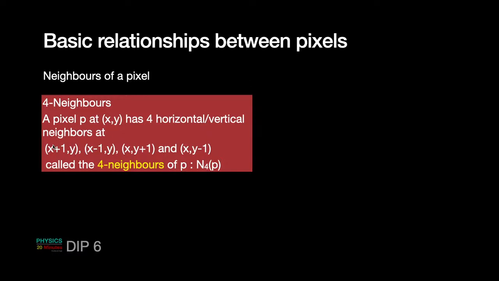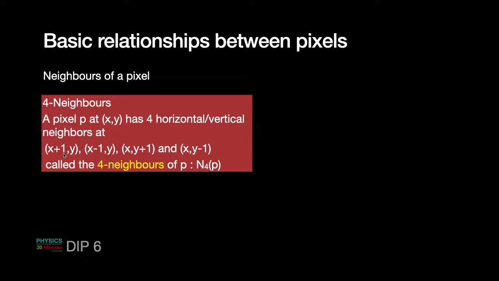These sets can be utilized to figure out many important properties of an image, including the boundaries of the image. For example, how would you define the right boundary? If a pixel does not have this pixel as a neighbor, that means it is at the right boundary.